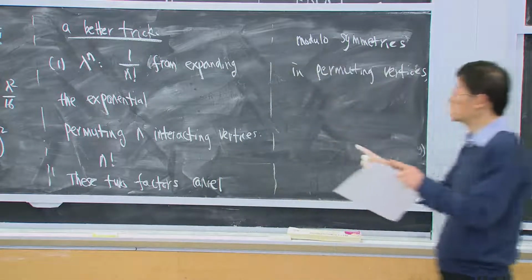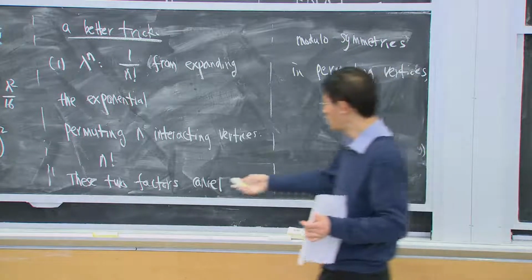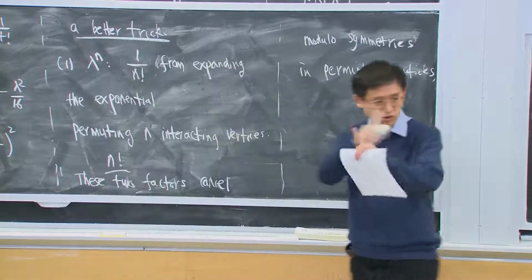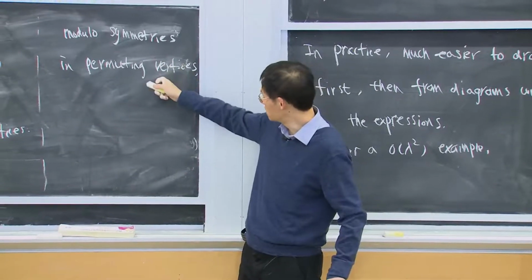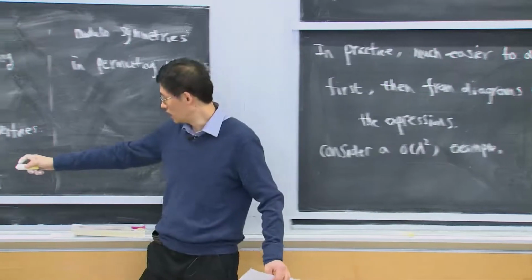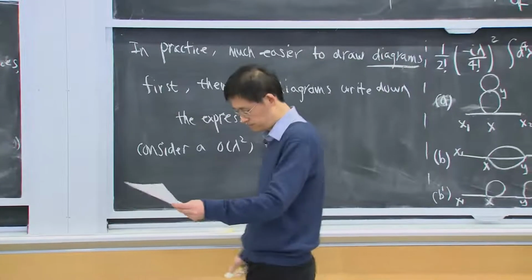If there are such symmetries, then of course you don't get n factorial, because some of the permutations give you the same diagram. So this is the first observation.